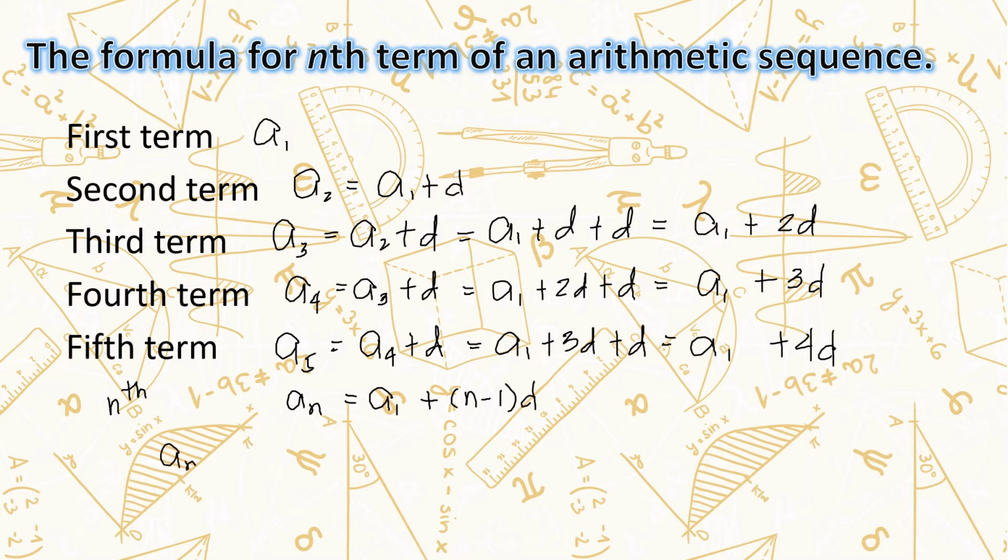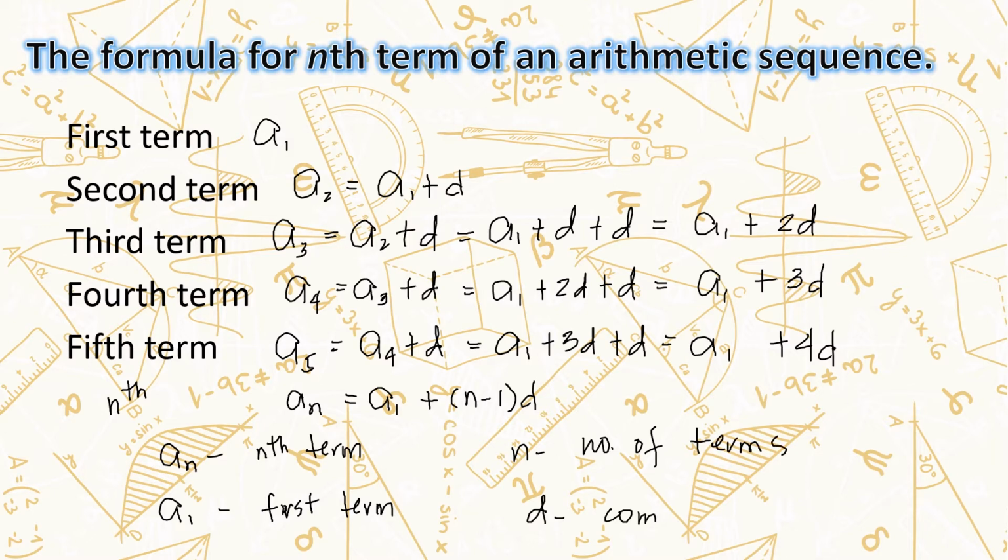In here, a sub n is the nth term of the arithmetic sequence, a sub 1 is the first term, n is the number of terms, and d is the common difference.